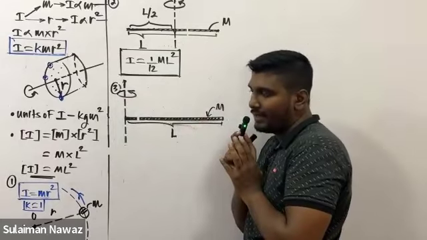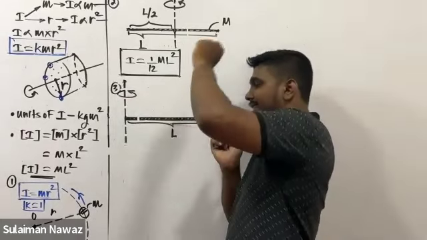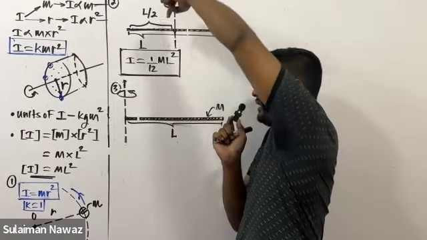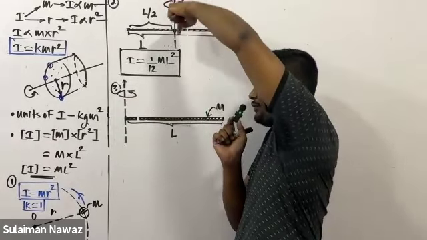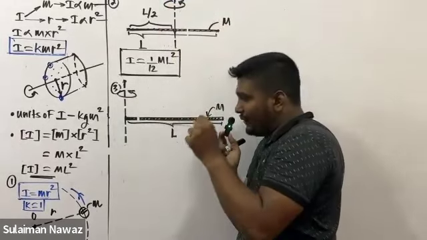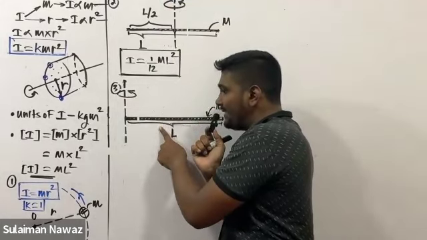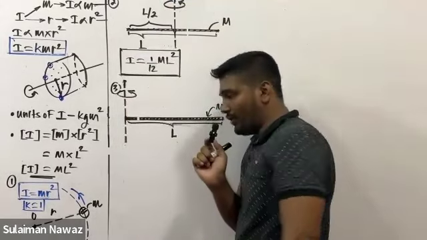One student is rotating the rod about an axis passing through the midpoint. Another student is rotating the rod about an axis passing through one of the ends of the rod.